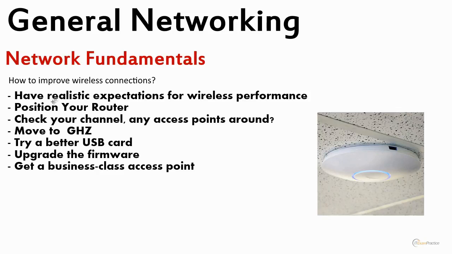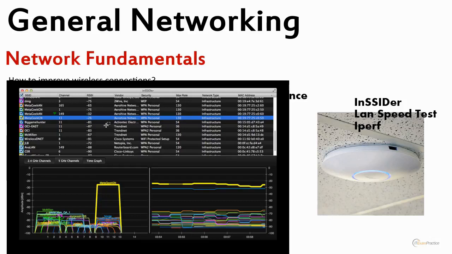Check your channel. Any access points around? You can use an application that is called Insider. That is the screenshot. It will show you all access points, all SSIDs that are in your range. You can compare. Please note here, you can see that this area is pretty busy.